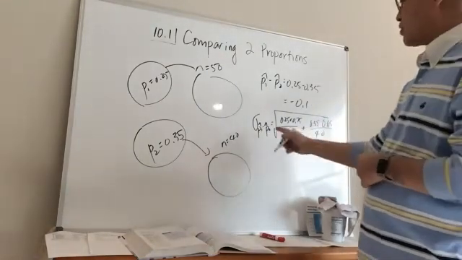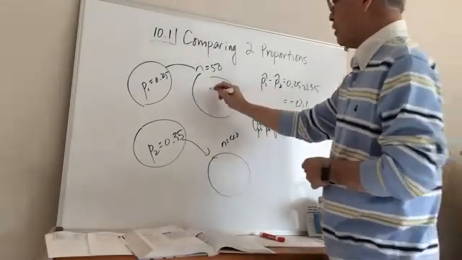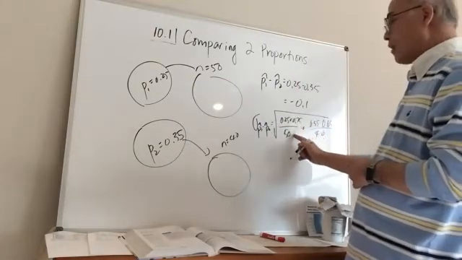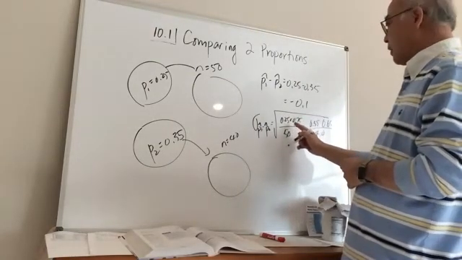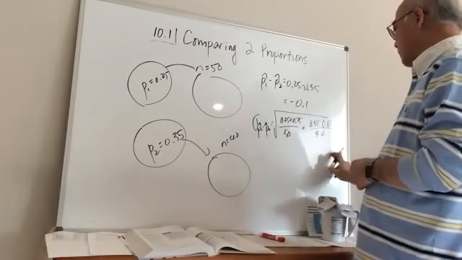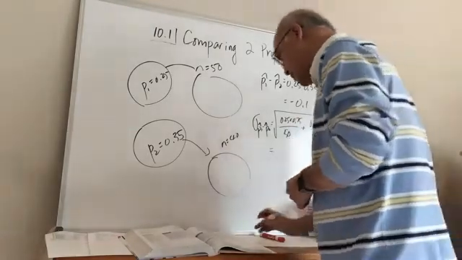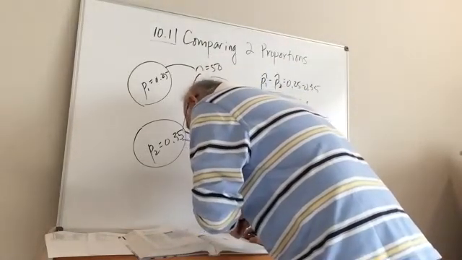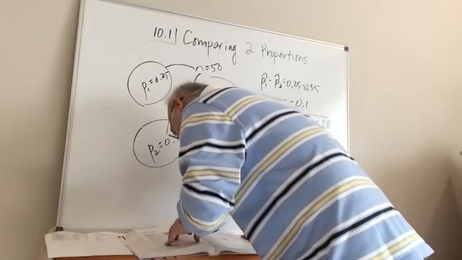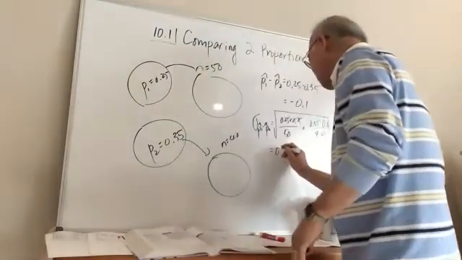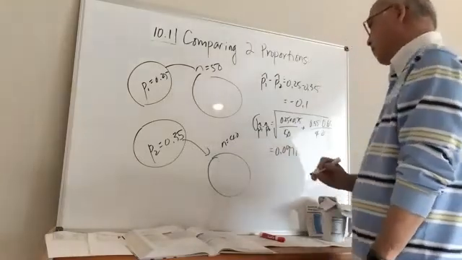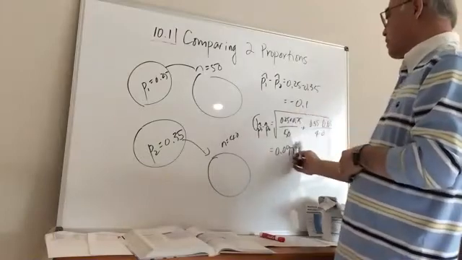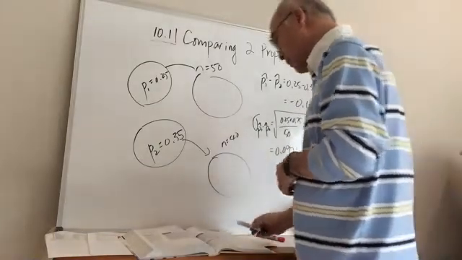Because the standard deviation of P1 hat is the square root of this, but I have to square that. So that's why there's no square root there, because I squared it. And same thing over here. Okay, if I calculate this, I'm going to get 0.0971. Okay, so it's normally distributed with this as its mean and this as its standard deviation.